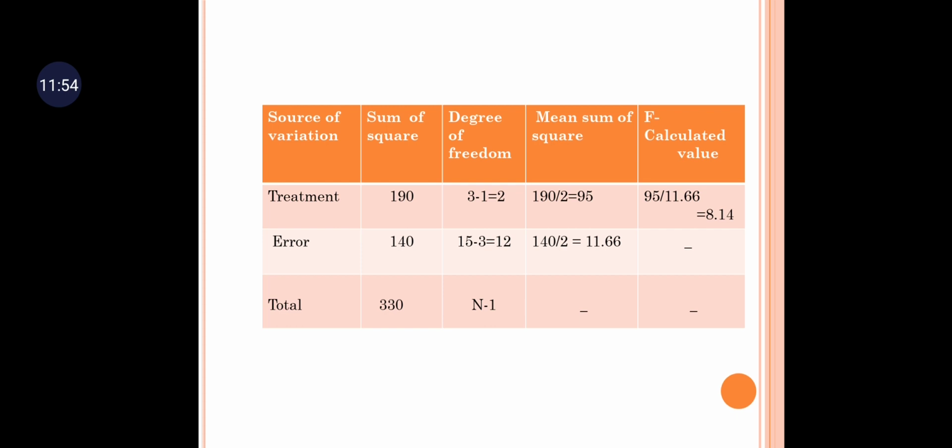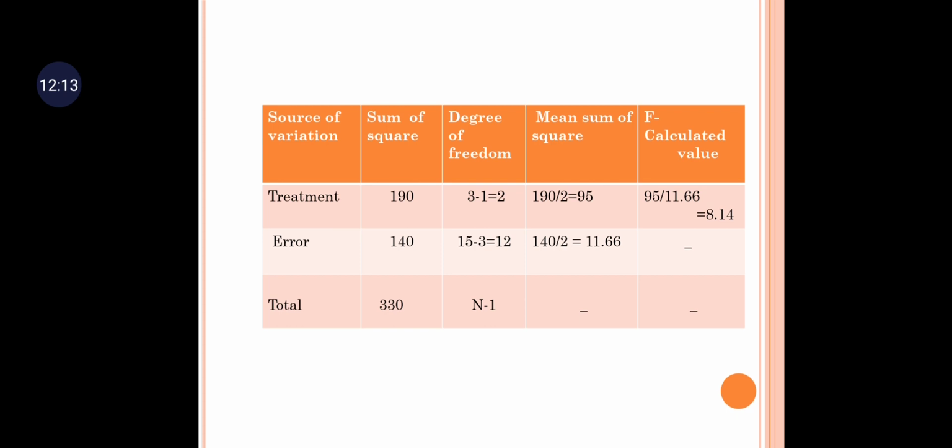N is the number of observations, 15, and t is 3, so 12. Total is n minus 1, the total number of values.